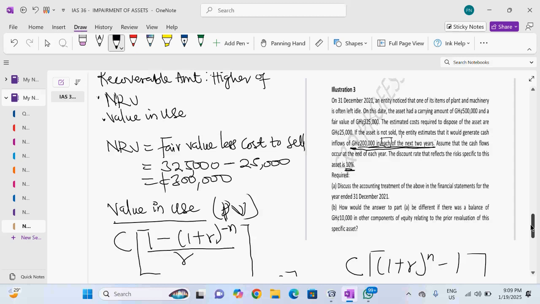You'll be given a discount rate, so you discount all those inflows and outflows into their present value. When you have inflows, you deduct the outflows from the inflows to get a net inflow, then discount it into present value to get the value in use.